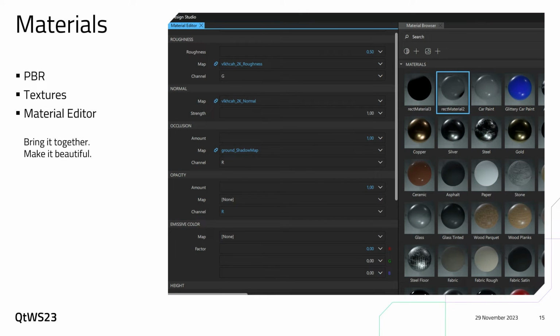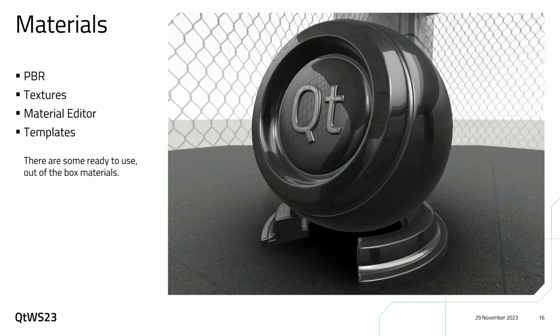Okay, so how can we bring this all together? We can use, for example, the Qt Design Studio Material Browser and Material Editor, where we can bring together textures and see the preview. Of course, we don't have to build our own material library by ourselves.